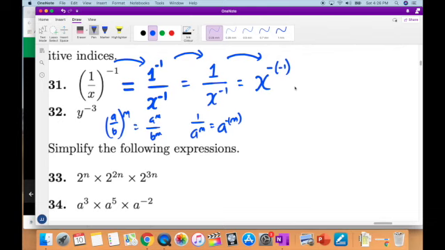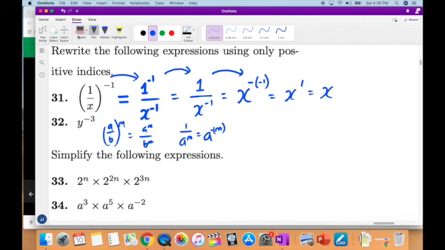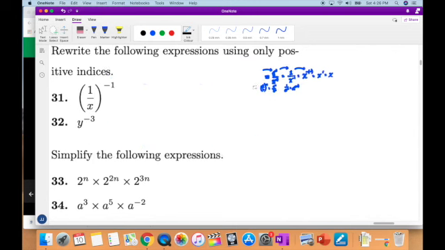Caitlin? So now I have x to the power of positive 1, which is just simply x. Do you all understand how I got that? Anybody have any questions or problems?